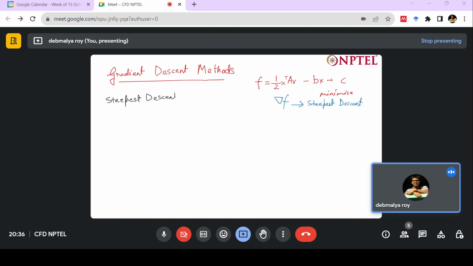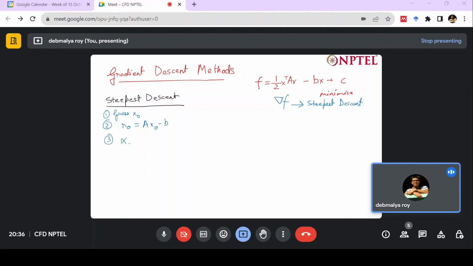So in case of steepest descent, what you have is you first guess an x0, and then you define r0, which is the residual A x0 minus b, and then define the gradient.